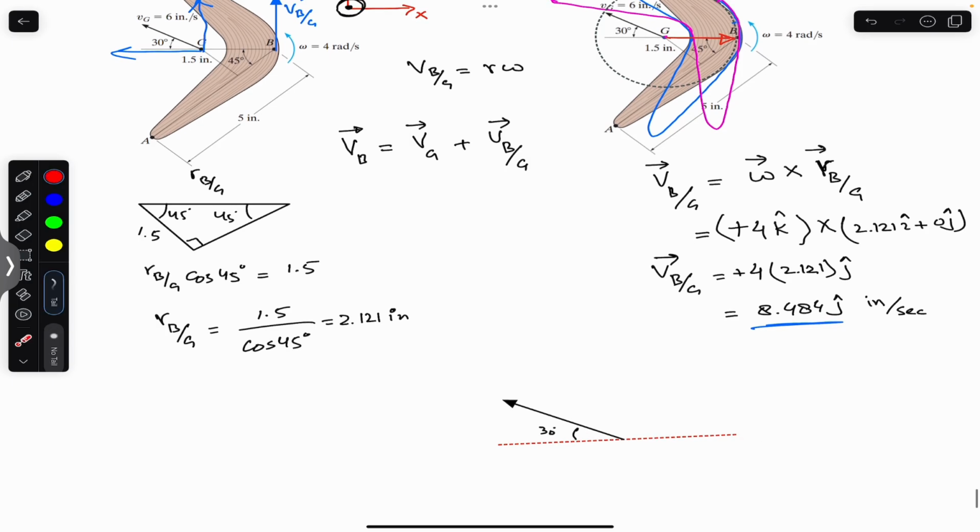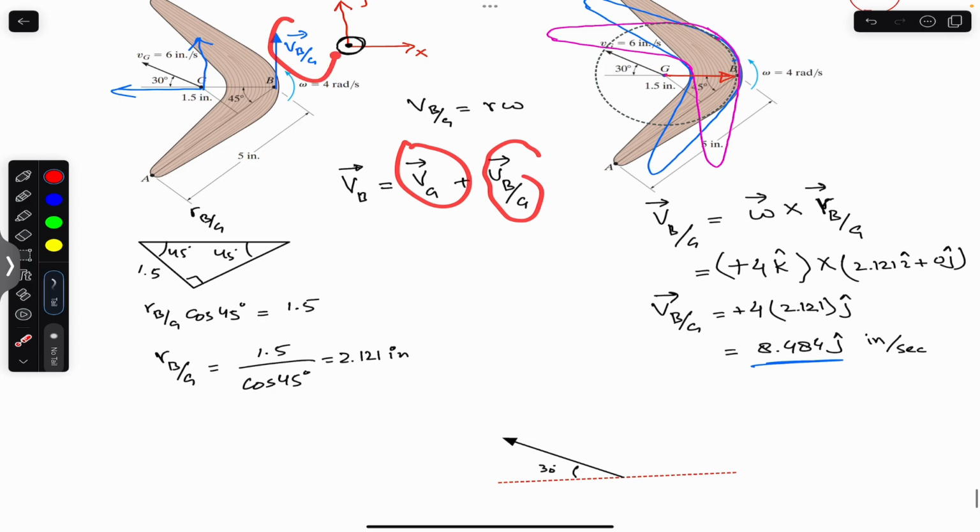So velocity of G plus the velocity of B relative to G. The velocity of B relative to G is in the vertical direction, that is, in the positive y. So by the head to tail rule, we need to place the tail of the velocity of B relative to G here on the head of this VG.